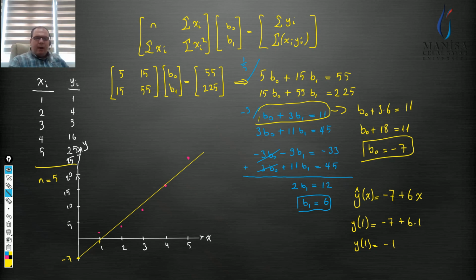Okay, we have our regression line, and we just used our matrix equation to find the correct values of B0 and B1, and these are minus 7 and plus 6. And now I'm going to check these values by using Microsoft Excel.